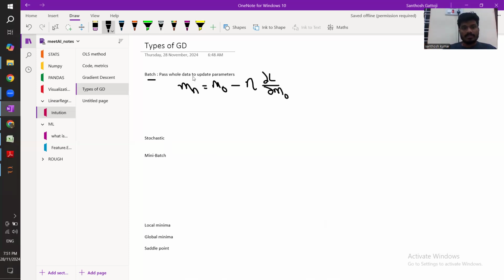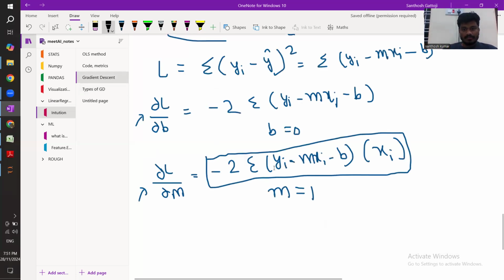So in batch, what happens is you pass the whole data. That means to calculate this loss, you pass all the data. If the data set is having, let's say, 10K records, all 10K records we need to pass. For each and every record, it will give some loss. So if you see this equation, dou L by dou m, you have yi, xi, so you are doing the summation.